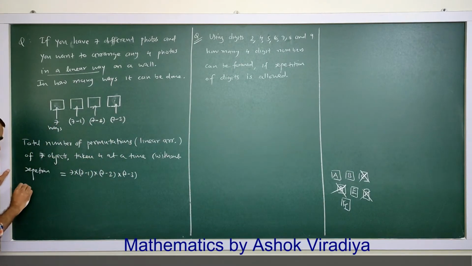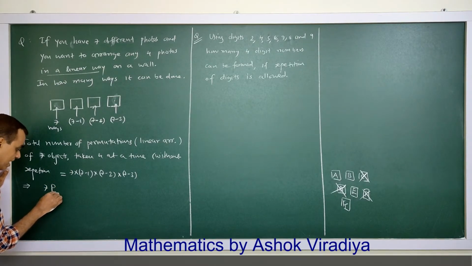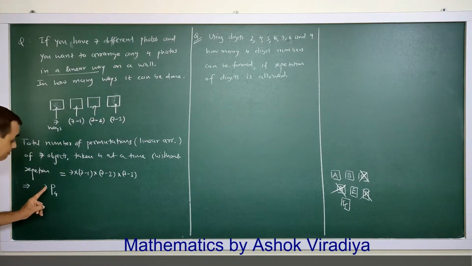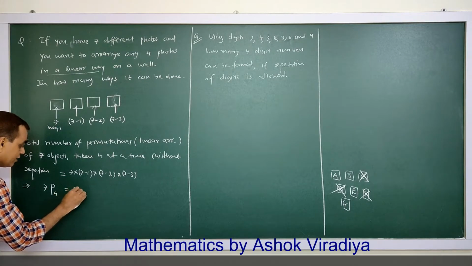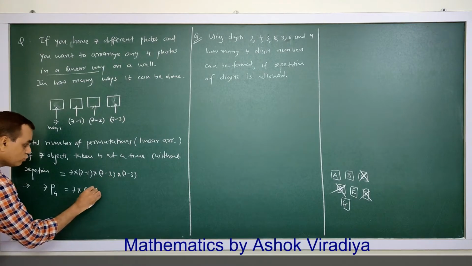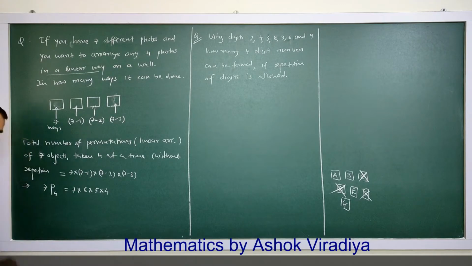In short, this is denoted as 7P4: out of 7 objects, 4 are taken at a time. This is the number of objects. From the given objects, the number you have arranged, we keep here, 4. So this is 7 into 7 minus 1, 6, into 7 minus 2, 5, into 7 minus 3, 4.